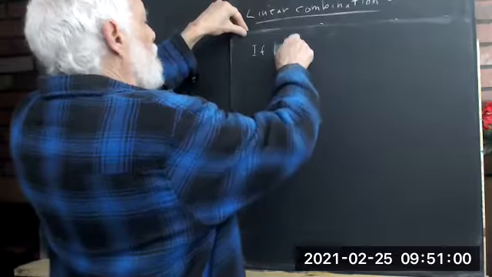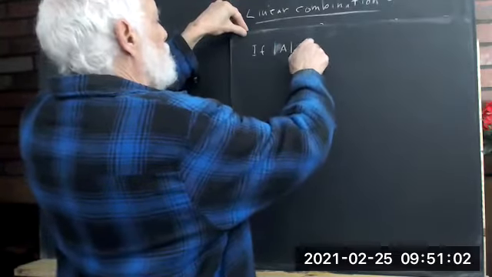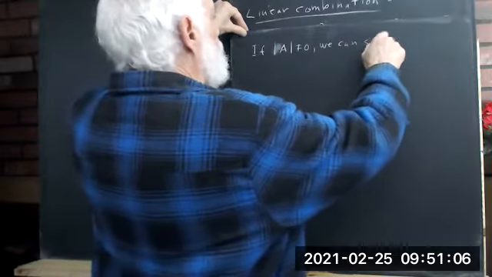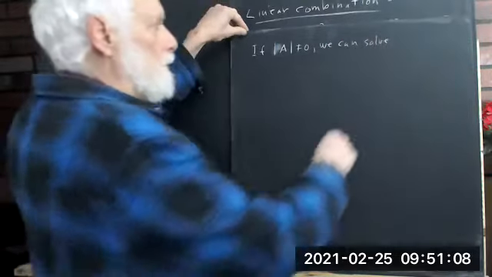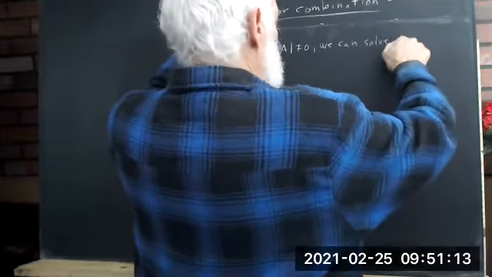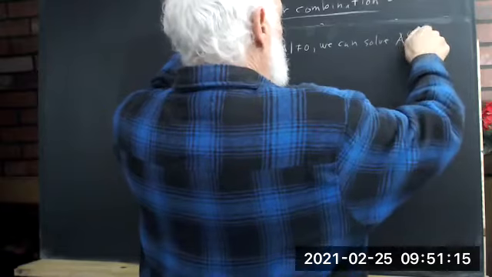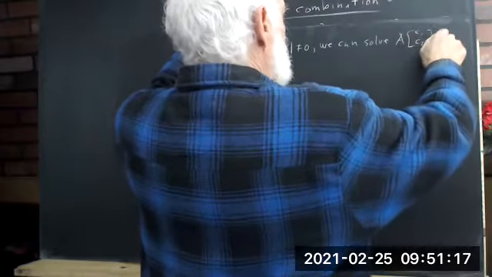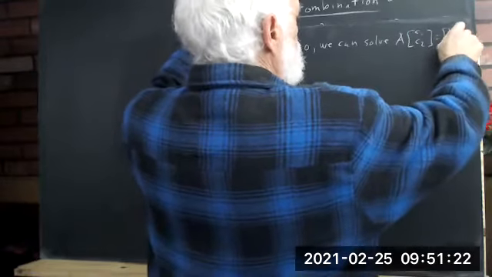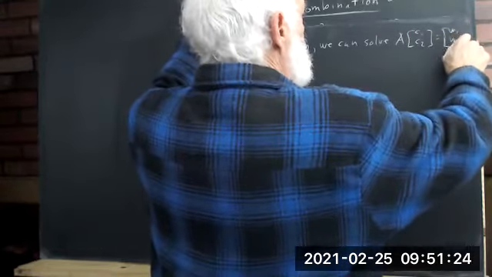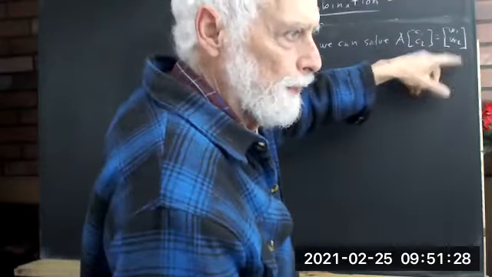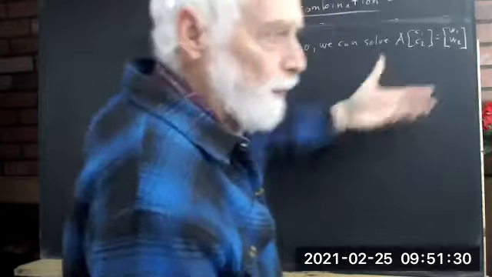If the determinant of A is not 0, we can solve A times C1, C2 equals W1, W2. Make sure you understand where that comes from.